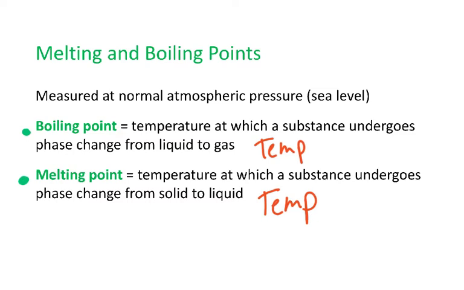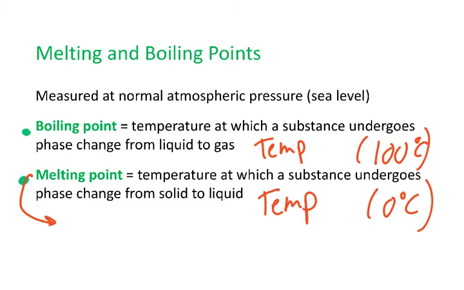So boiling is a process from liquid to gas. Boiling point is a temperature value. So like for water, for example, it's 100 degrees Celsius. Melting point, again, is a temperature. So the melting is a process, melting point is a temperature.